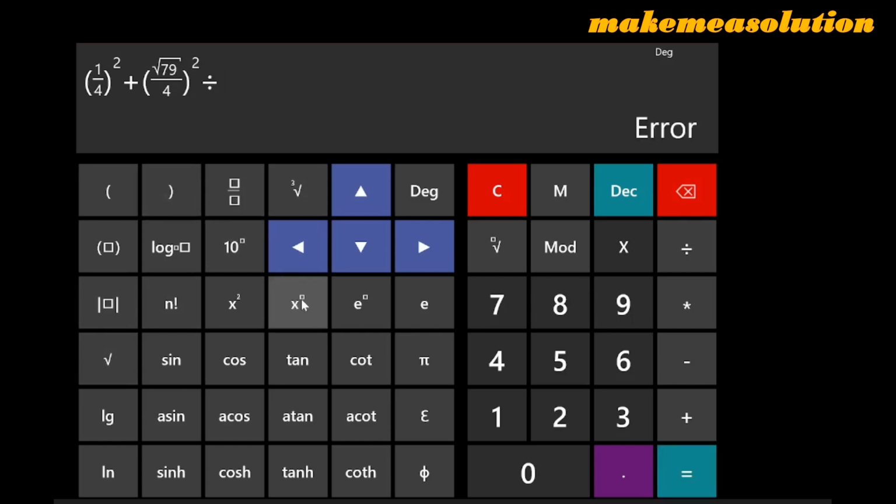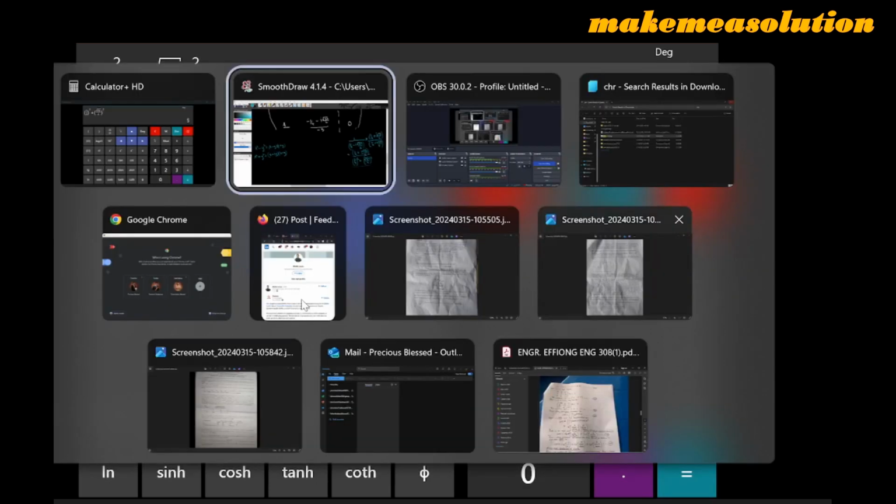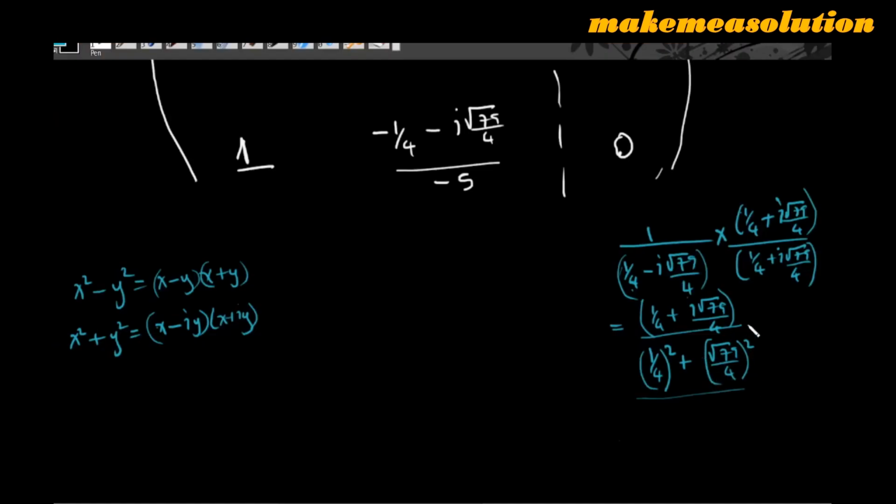So sorry. Okay, we get exactly 5. Is that okay? When you add these two terms, you're going to get 5 exactly. So that is going to give me 1 over 4 plus i root 79 over 4 divided by 5.